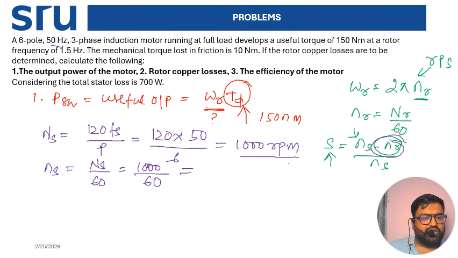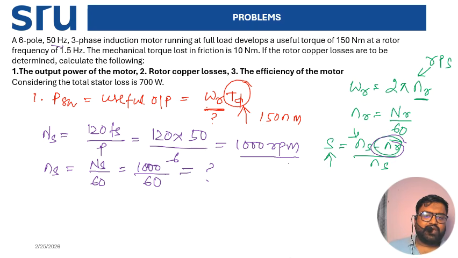You can calculate it like this only. Otherwise, you can put directly Ns equal to 1000 RPM, but the point is Ns you calculated.